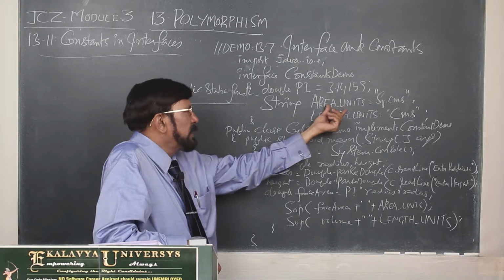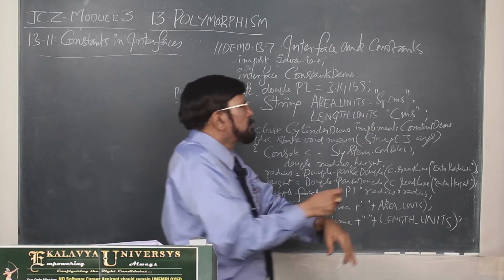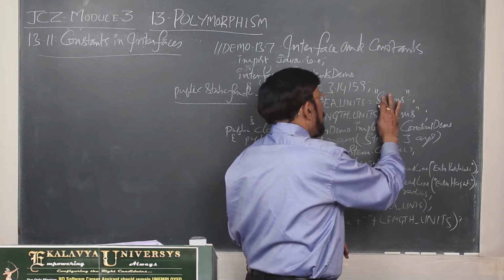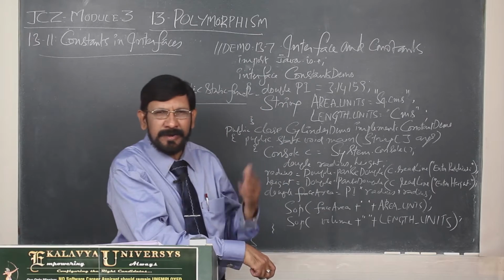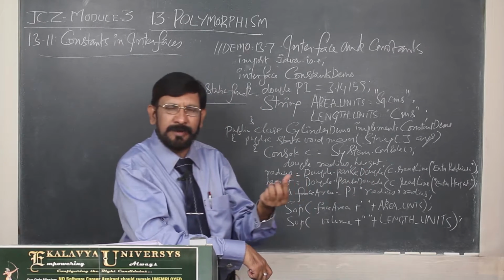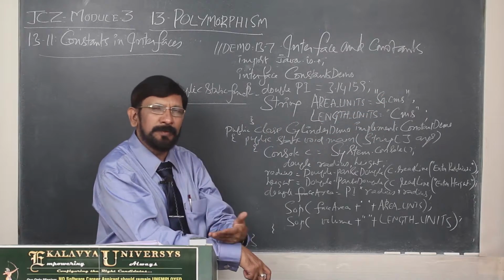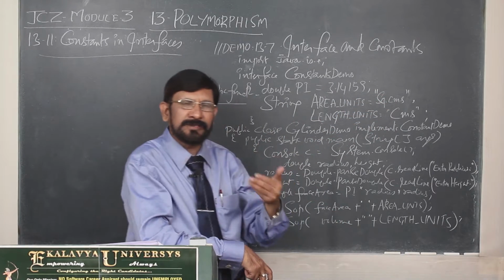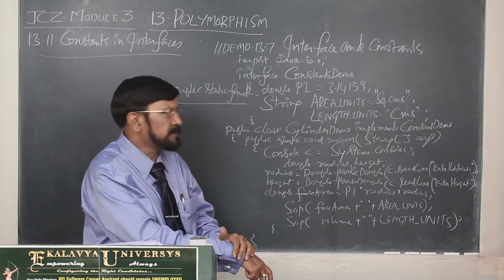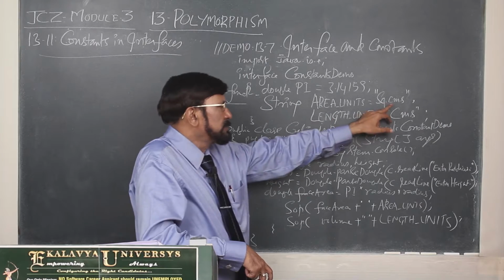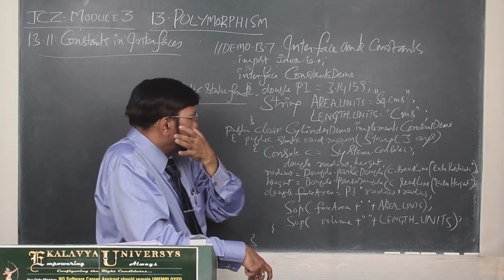As it is a constant, I wrote it in upper case. AREA_UNITS is square centimeters. After calculating, we have to suffix the units, then only people can understand whether they are square centimeters or cubic centimeters or normal centimeters. That is why AREA_UNITS is square centimeters and LENGTH_UNITS is centimeters.